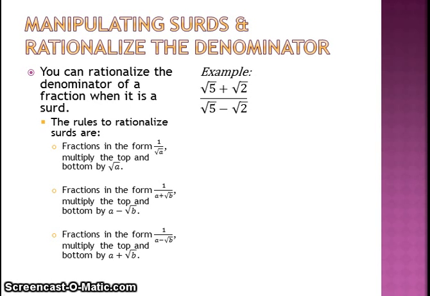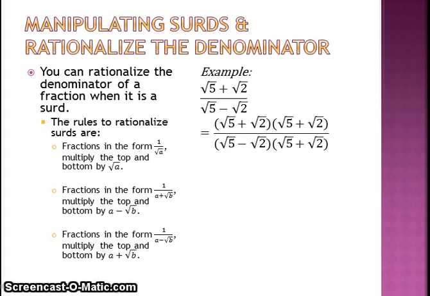By following the rule, you should multiply the top and the bottom by square root 5 plus square root 2, like this. The top, the numerator, you have square root 5 plus square root 2 multiplied by square root 5 plus square root 2 again. The bottom, you have square root 5 minus square root 2 multiplied by square root 5 plus square root 2.